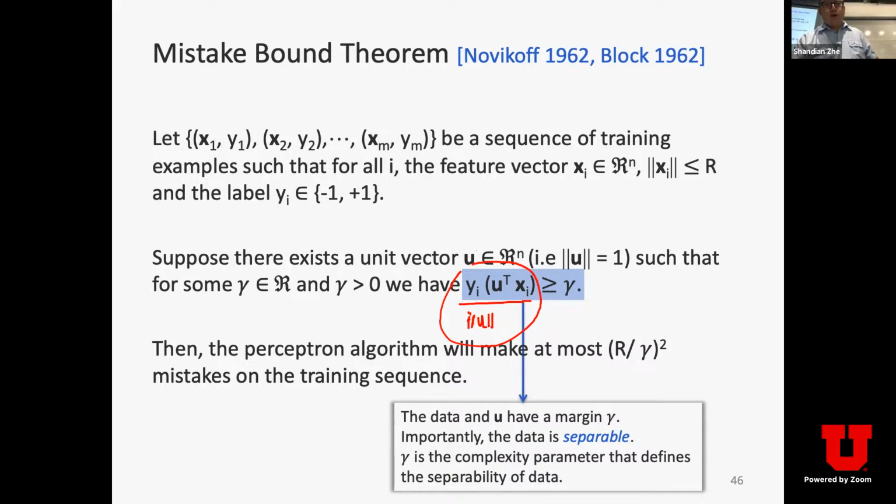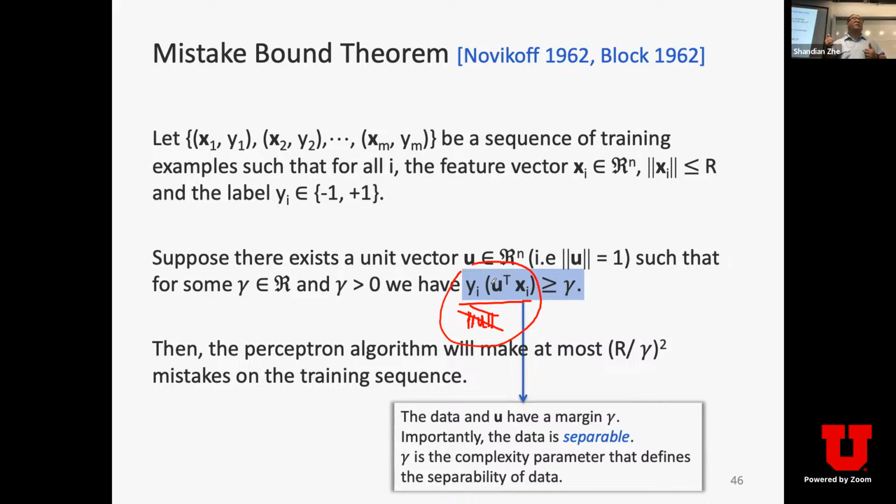And because u is a unit vector, the norm is simply 1. So that means the left-hand side essentially is the distance between every training example xi, yi, and the separating hyperplane determined by u, and this distance is no less than gamma.